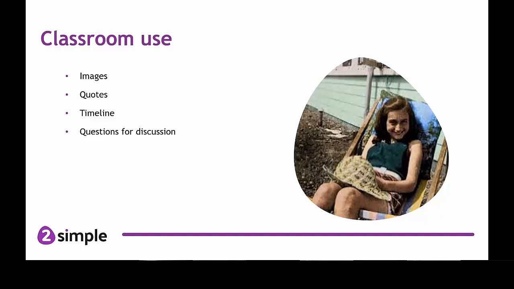We've also put together a timeline with key dates for Anne, but also for things that were happening around her, such as the Enabling Act, so it can all be put into a much wider context. And for each topic we've put together some questions that will get the pupils thinking about their own lives and how the topics relate to themselves.